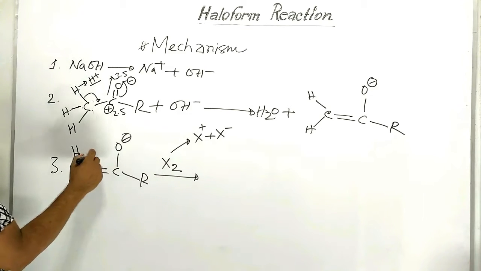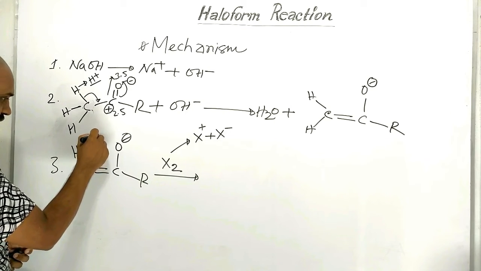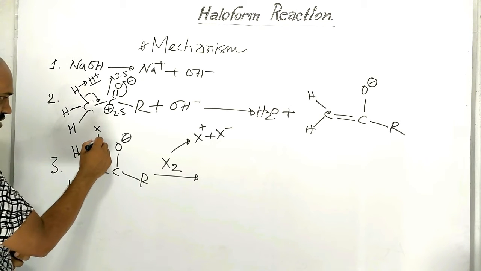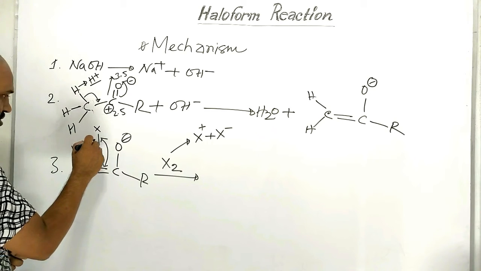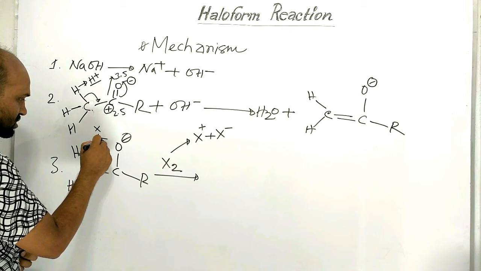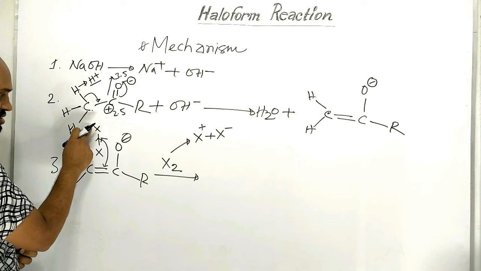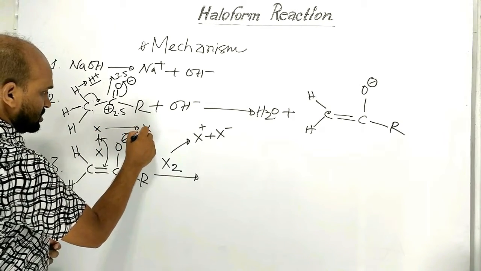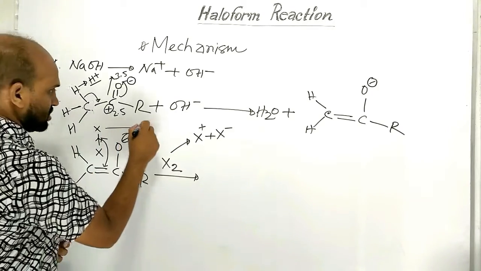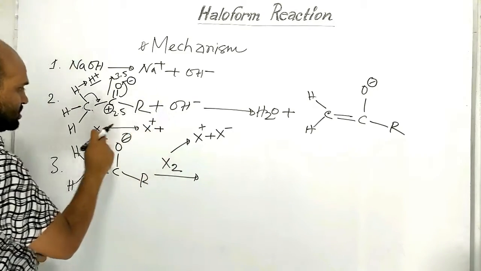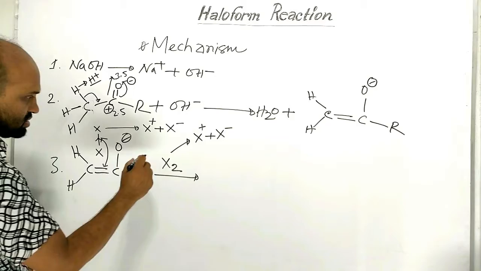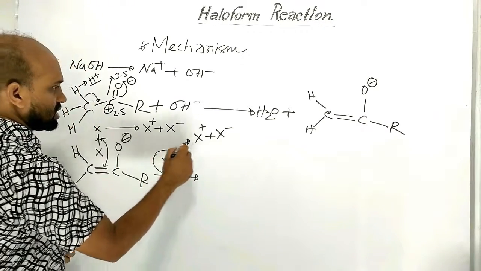The reason is that when this halogen approaches this carbon-carbon double bond, then electron repulsion is created. As a result, these covalently bonded electrons move towards this halogen because of this repulsion, and as a result this halogen turns into halogen cation and this halogen turns into halide ion. That is, halogen undergoes a heterolytic fission.